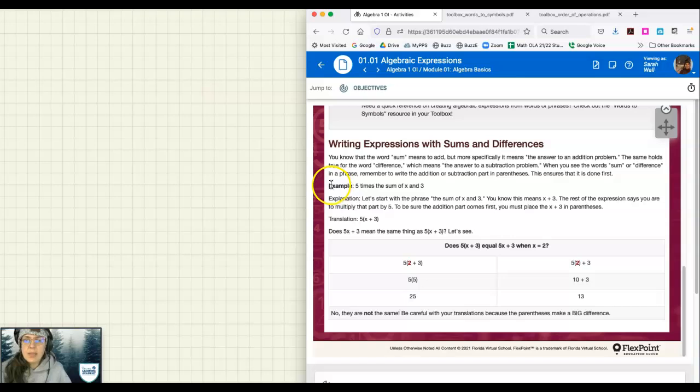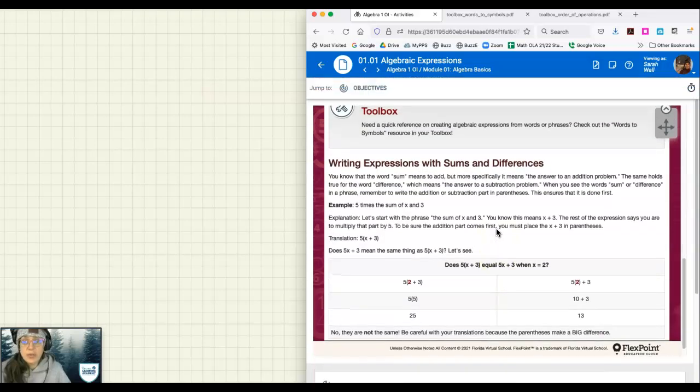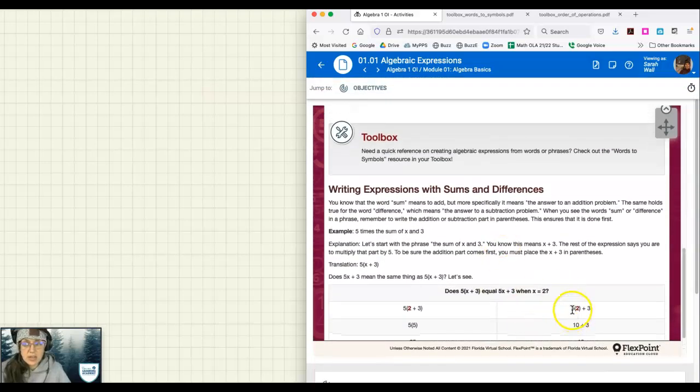And the way that we got this is 5 times the sum, which is going to be your key word right here, of x and 3. So that means x plus 3, but the sum is what lets you know that there's parentheses and it's not just a straight 5 times x plus 3.